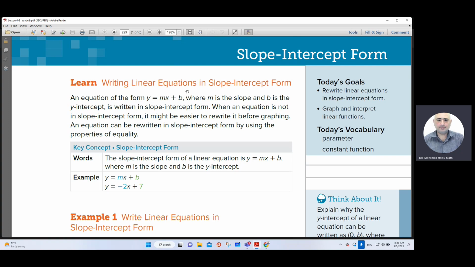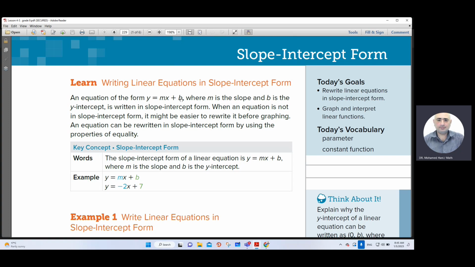The linear equation in slope and intercept form, we have this form: y equal mx plus b. Write please this form: y equal mx plus b. What's the meaning of m? Who can tell me what the meaning of m? The slope. And what the meaning of b? Y-intercept. Excellent.